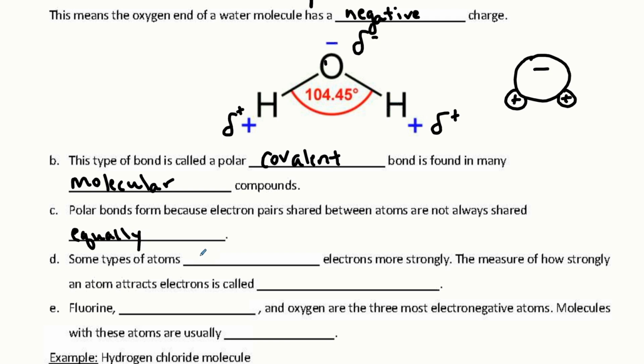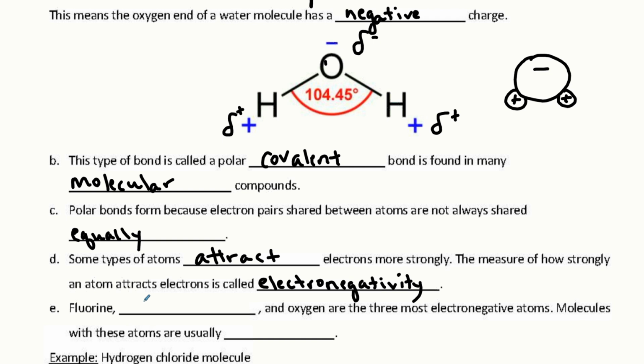Some types of atoms attract electrons more strongly. The measure of how strongly an atom attracts electrons is called electronegativity. Some atoms have a higher electronegativity, which means that they have a stronger pull on those electrons.